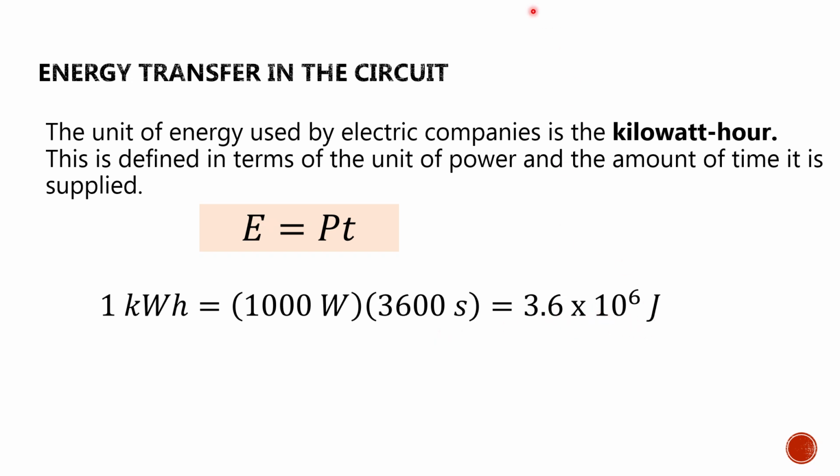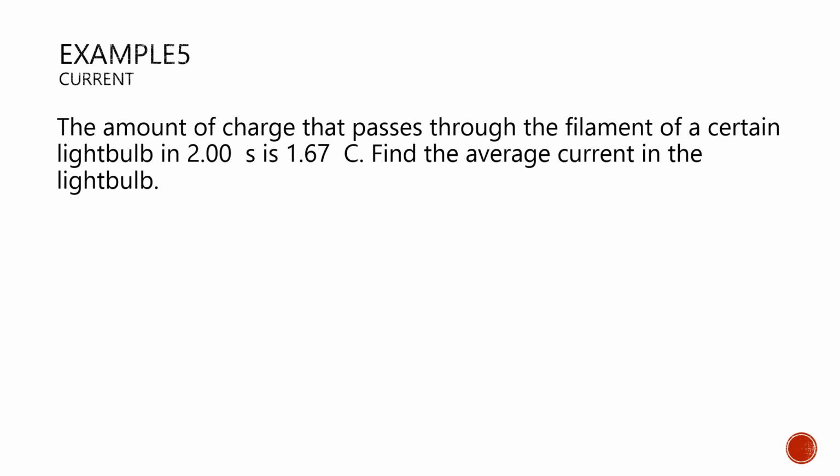The amount of charge that passes through the filament of a certain light bulb in 2 seconds is 1.67 coulombs. Find the average current in the light bulb. We're given the time, which is 2 seconds, and Q, which is 1.67 coulombs.